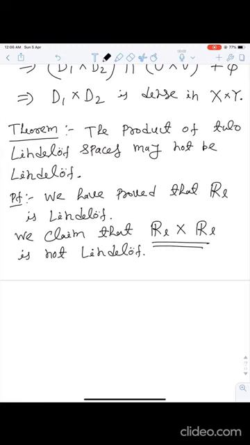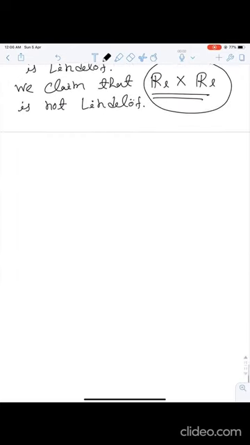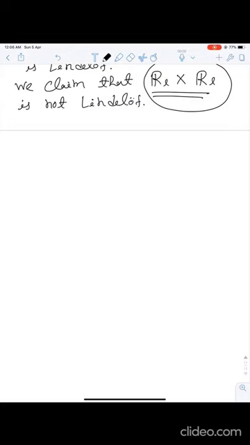Here this example will serve many purposes, and you will see in the future as well this topological space RL cross RL. Now what is RL cross RL? This is just R with the lower limit topology, and then take the product.